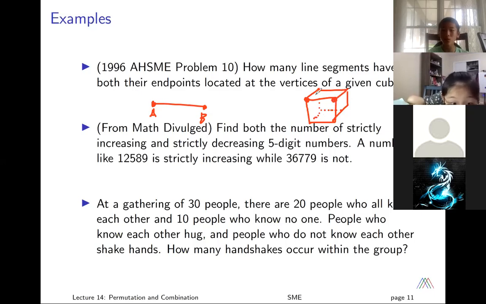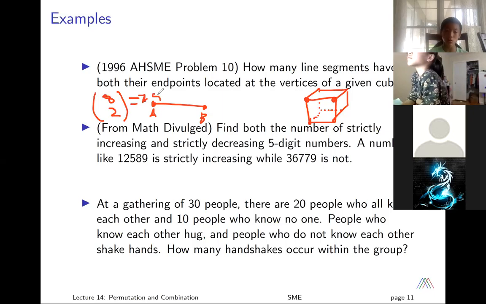Then all we have to do is choose 2 out of these 8 vertices. And it would be 8 choose 2, which, if you do some math, you'll get is 28.